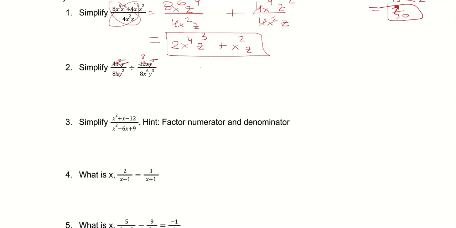Now there's no longer a square. 8's are going to cancel. y squared and y cubed will just turn into a y. And so we have y over y. Those are also going to cancel. So I have 1 on the left divided by 3 over 8x to the 6th, which is just a reciprocal, and that's 8x to the 6th over 3.